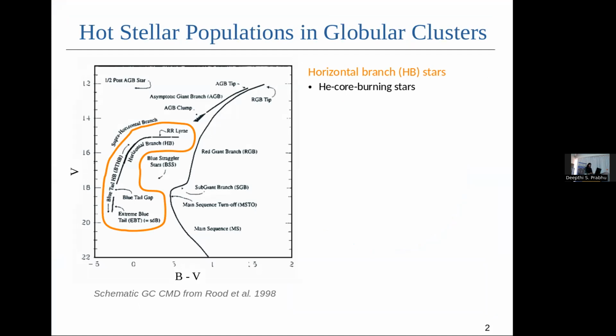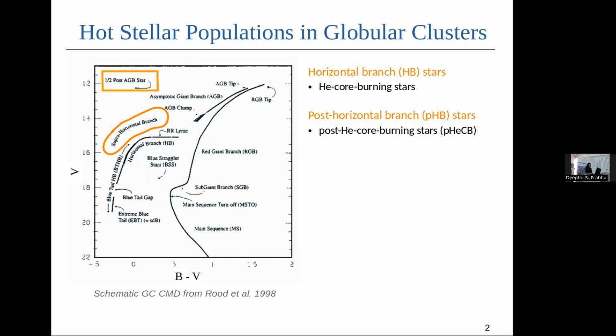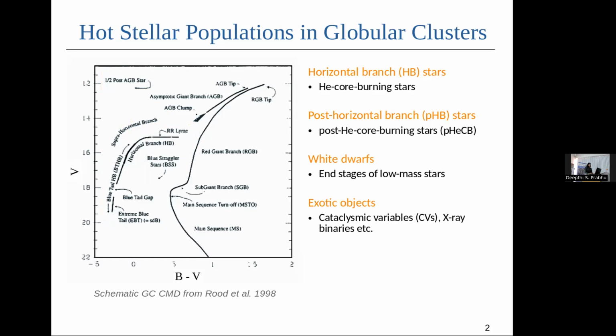which are the helium core burning stars. Then we have the post horizontal branch stars, or the stars that have evolved beyond the helium core burning phase. There are white dwarfs, which are not shown here, the end state of low mass stars. We also have some exotic objects seen in binaries, such as cataclysmic variables and X-ray binaries, which could have emission in the UV.